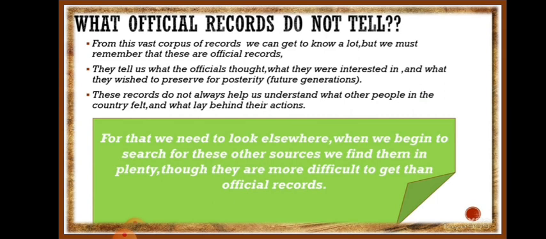Suppose we take the example of a school only. We have your personal records, we have official records, and we also have a room in which we preserve the records. From that record we know your admission number, we know your result. But if we want to know what your condition is in the class, how you are enjoying the school, we will be able to know that only if someone has written about you.